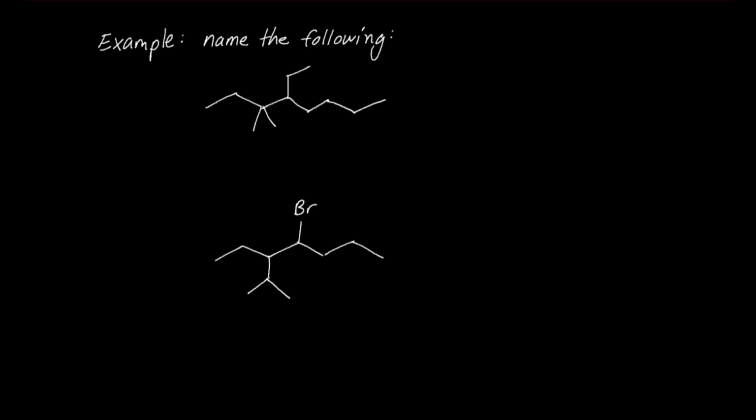So here's some more examples. Now we know the approach. Find the parent chain, find the longest, most substituted parent chain. Longest chain, 1, 2, 3, 4, 5, 6, 7, 8. So it's an octane, N-octane.